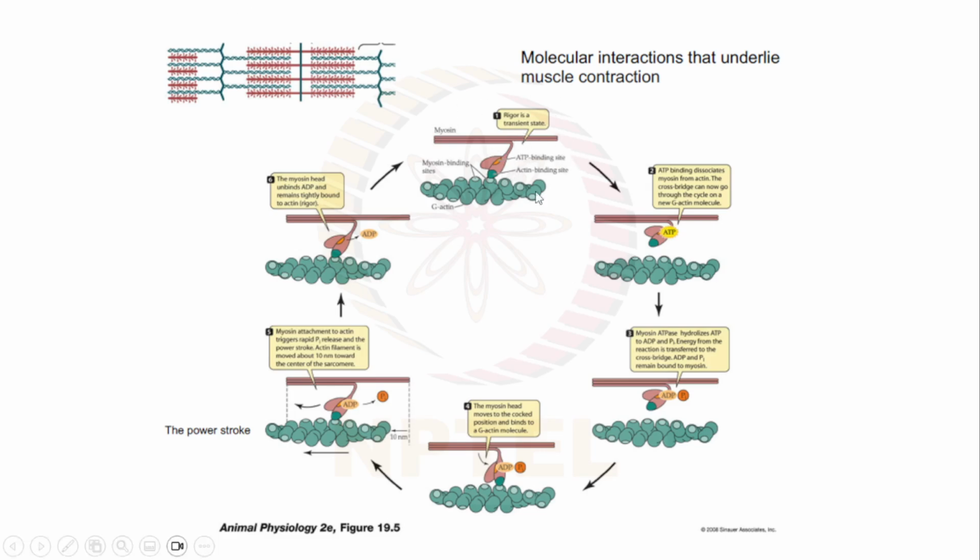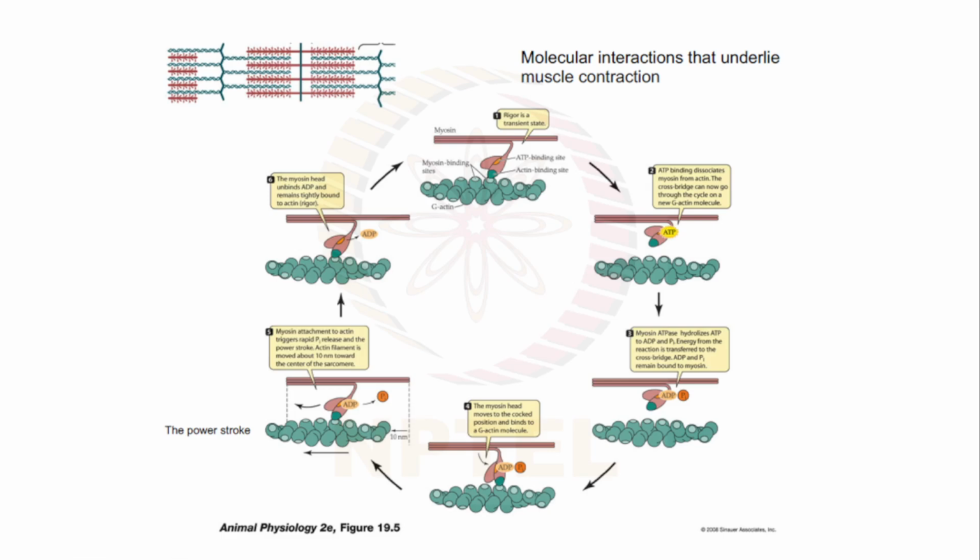So this is a rigor state. That is, it is a stiff state in which the myosin is bound to actin, but it can't move because it doesn't have energy. What happens is, when an ATP molecule comes and binds through the ATP binding site on this myosin head, it will come back to its original position.